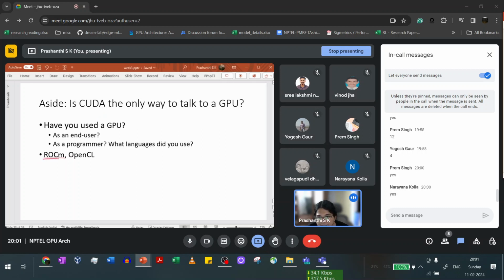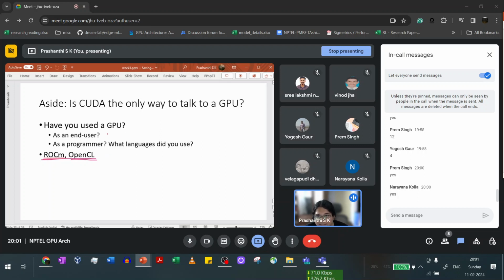For instance, AMD GPUs use a software stack called ROCm. There's also OpenCL, which is used especially for heterogeneous compute. It can be used on GPUs and CPUs as well. These are alternatives to CUDA that people also use. I think this course covers OpenCL briefly. So just keep in mind that CUDA is not the only way to do GPU programming.